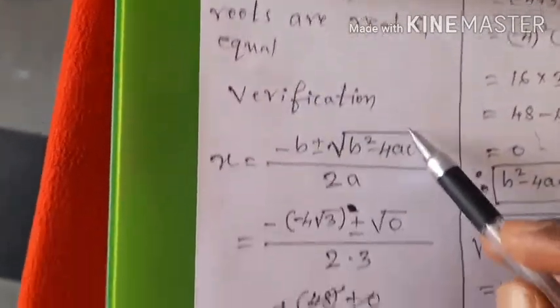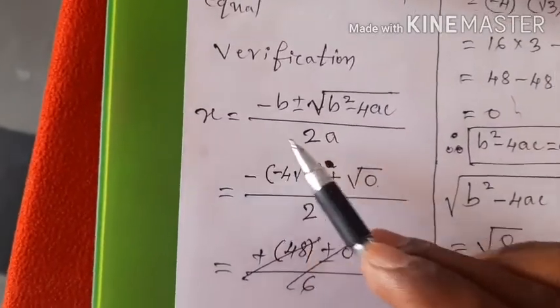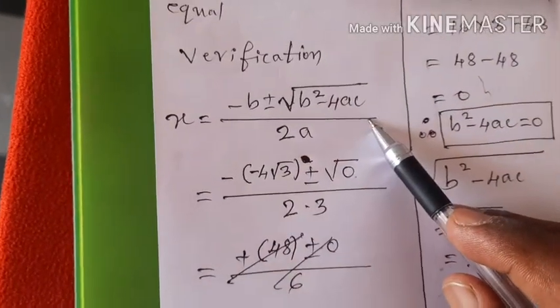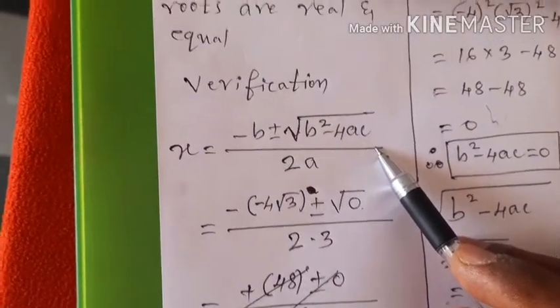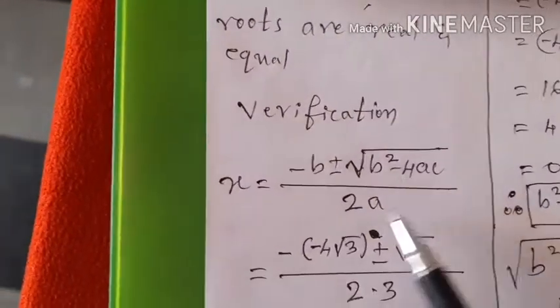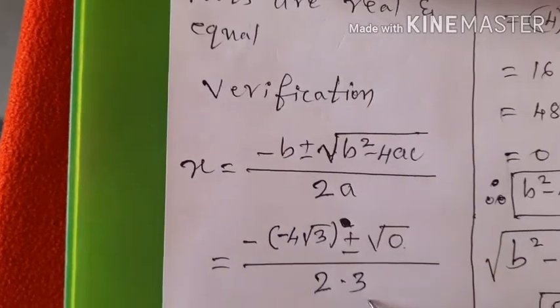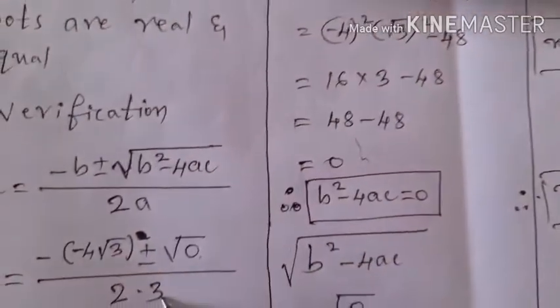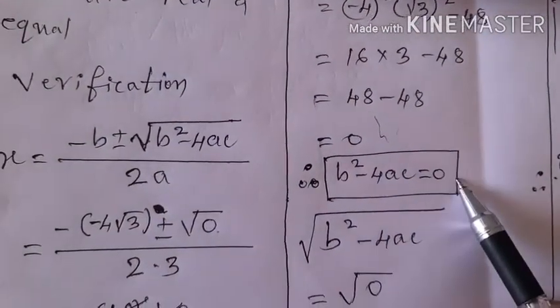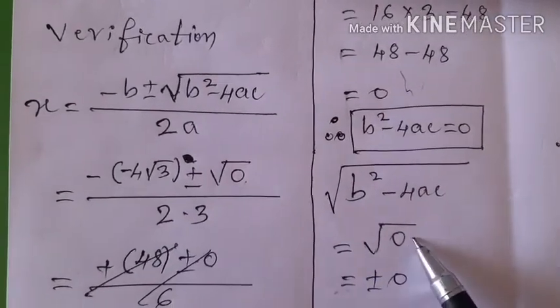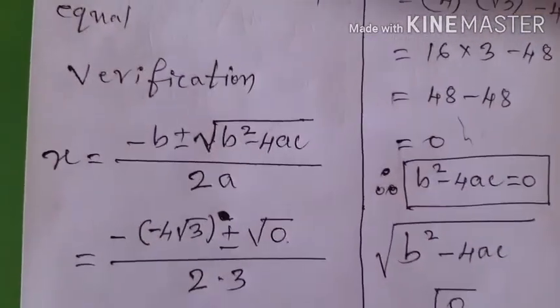Let us do the verification. x is equal to the quadratic formula, and when I substitute the values of a, b, c, I get x = (−(−4√3) ± √0) / (2 × 3), because the value of b² − 4ac is 0, therefore the square root of 0 is ± 0.